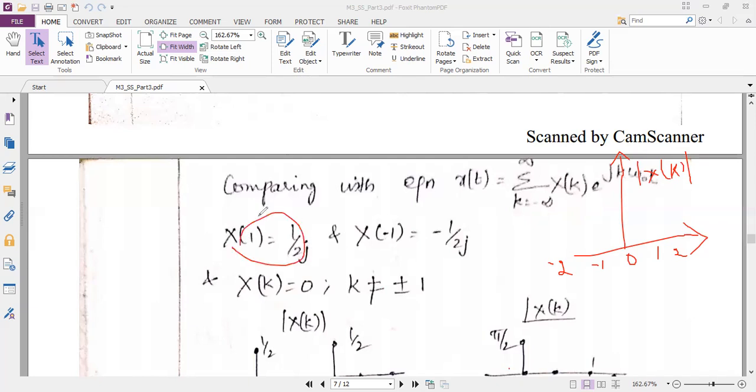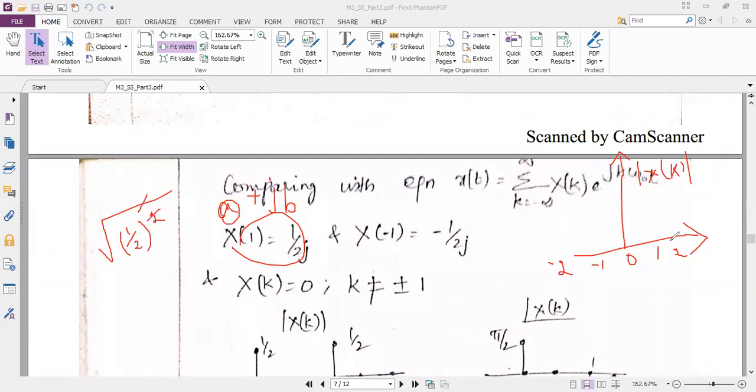See, this is like A plus jB format. Since here A is equal to 0, when I take the magnitude here, it is 0 square plus 1 by 2 the whole square, that is A square plus B square. So the magnitude here is just 1 by 2.